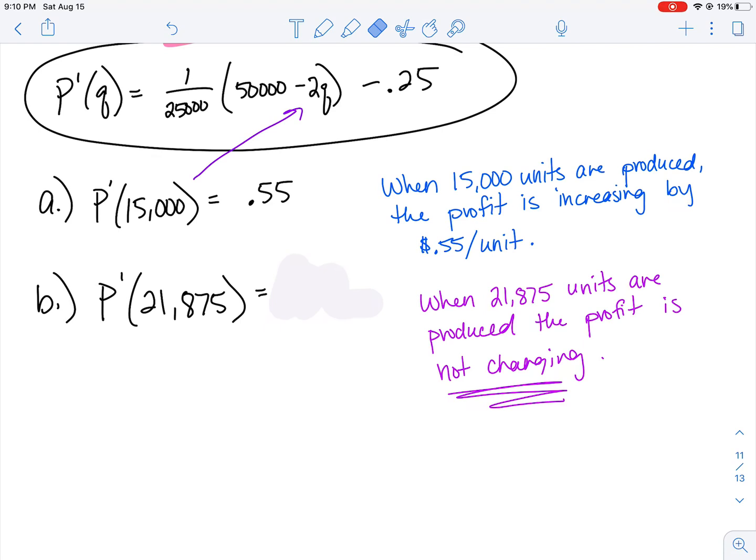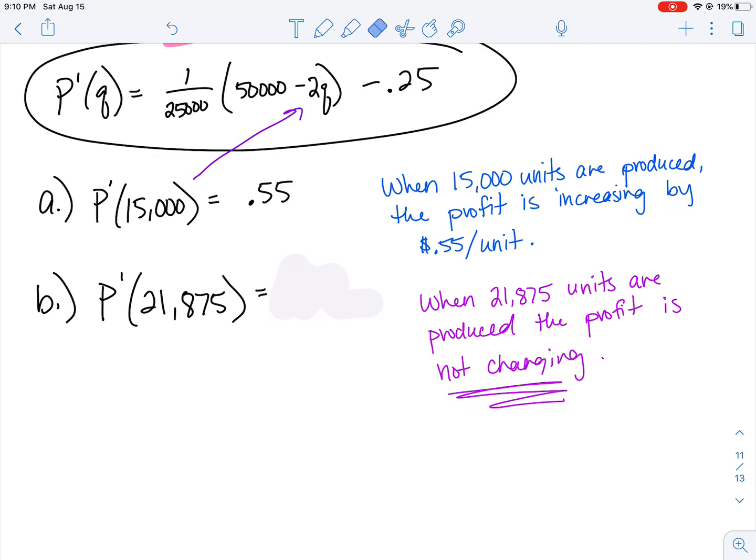Well, that means when we sell 15,000 units, or when 15,000 units are produced, the profit is increasing by 55 cents per unit. It doesn't just mean I'm making 55 cents, it means I'm making 55 cents more than I was per unit just a second ago. So my profit is increasing by 55 cents per unit when I sell 15,000 units.